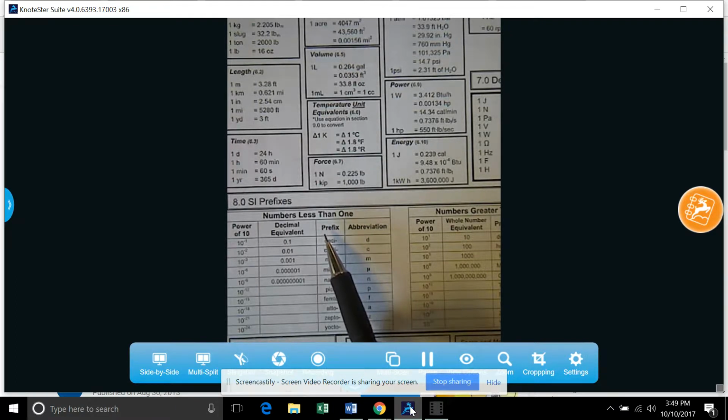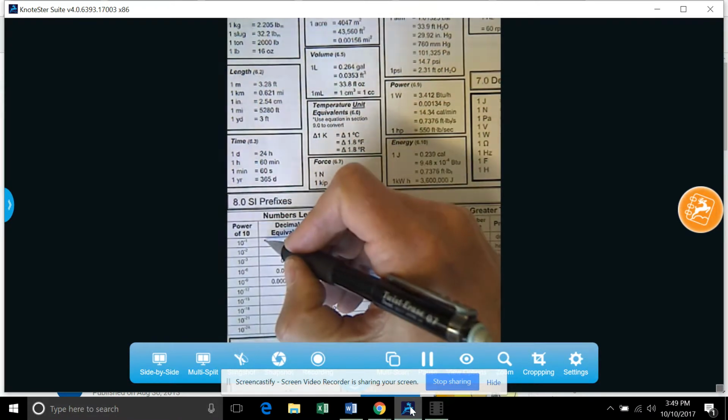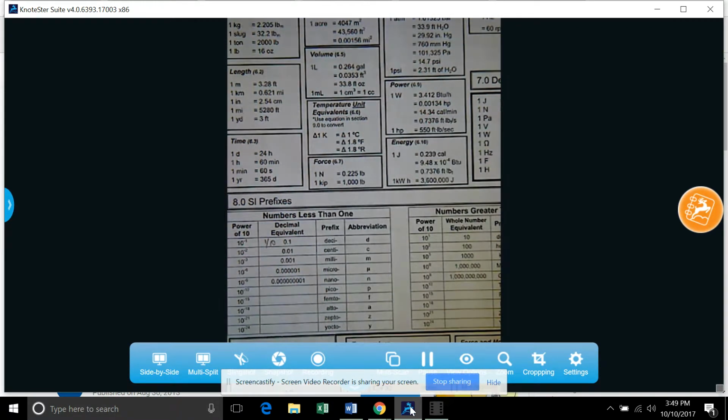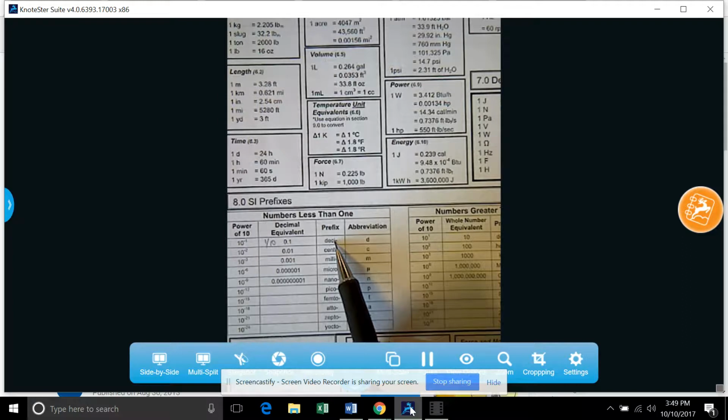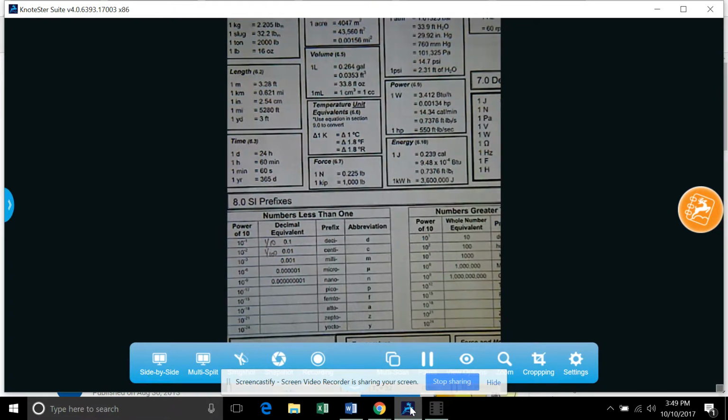So if I take a gram or a meter and divide it into 10, that's what this means. This is 1 divided by 10, and that's as a decimal there, and the prefix would be deci. So a meter chopped into 10 little pieces, each one of those would be a decimeter. This one we're familiar with: if I take a meter and chop it into 100 pieces, that's a centimeter, right? And the decimal is 0.01.